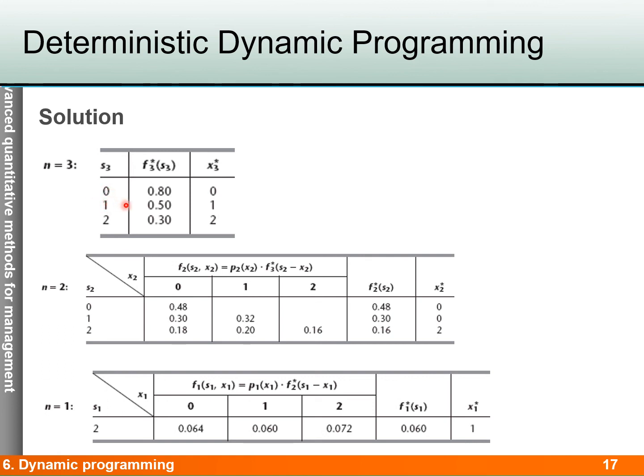So this 1 says we should allocate the last scientist to research team 3. So the conclusion: the failure probability of these 3 research teams is 0.060 with the optimal solution of x1* equal to 1, x2* equal to 0, and x3* equal to 1.